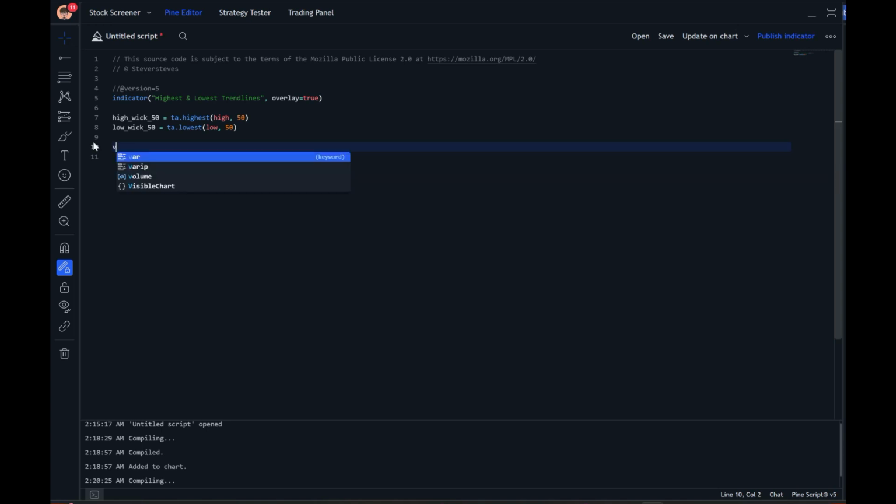We're going to use the qualifier var, then line. What this is doing is telling TradingView Pinescript that we want to keep track of this line. We're going to draw a line and we want Pinescript to keep track of it because we don't want it to mess up our screen. We don't want it to keep repopulating this line.